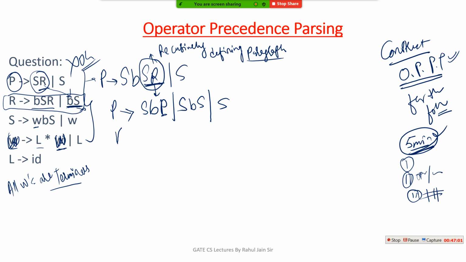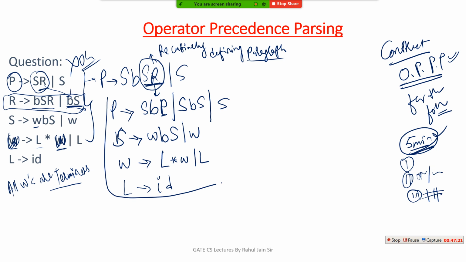Now I will write S derives W, B, S and W. And next I will write W derives L string W and L. And next L derives ID.